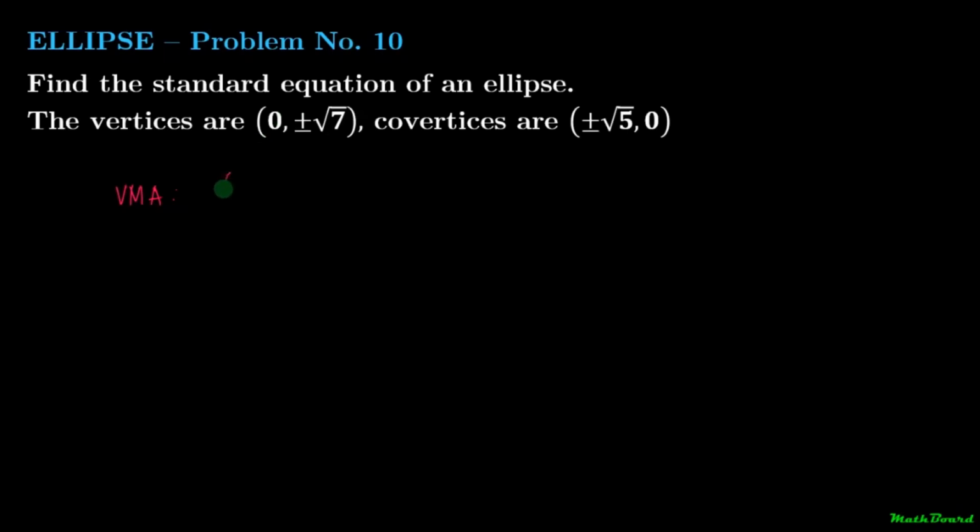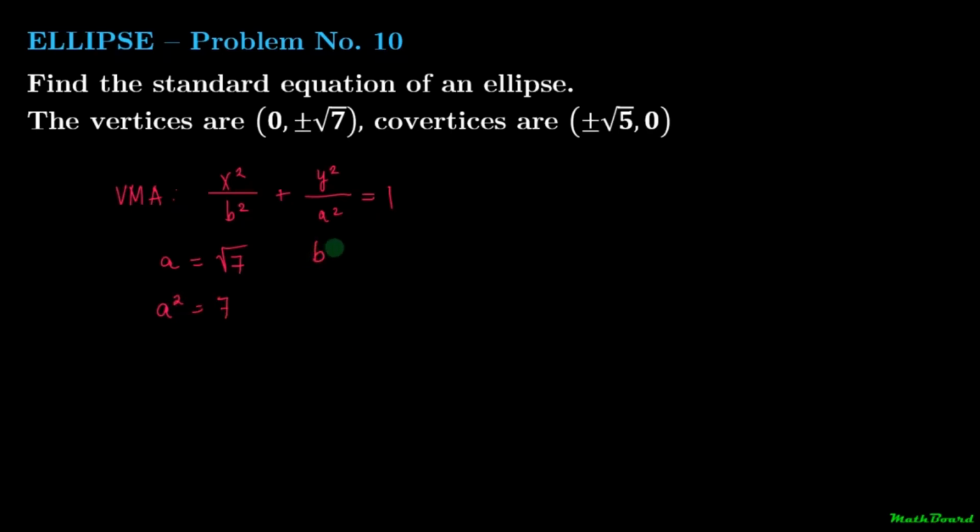So, ang equation niya, yung kanina rin, x squared over b squared plus y squared over a squared equals 1. Ngayon, ano ang a natin? Ang a, yung nasa vertices, which is square root of 7. Then, kapag in-square mo ang square root of 7, that is 7.